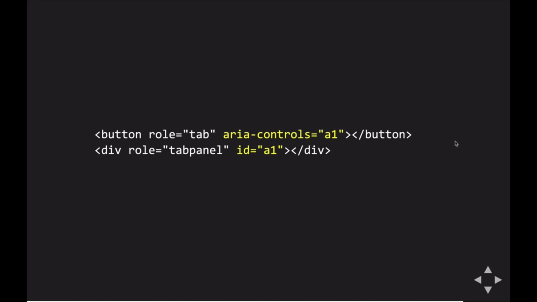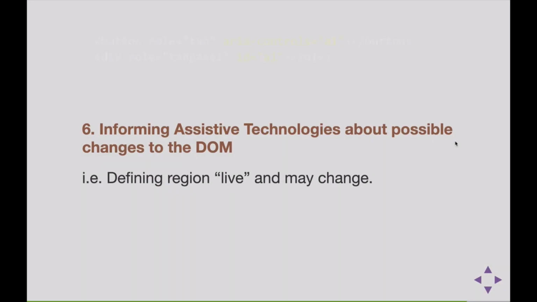So the button has a role of tab, the div has a role of tabpanel, but they're connected. The button has aria-controls, saying this element controls, and it's pointing to the same ID in the div with a role of tabpanel. So we're establishing a relationship between the button and the div via the aria-controls attribute.